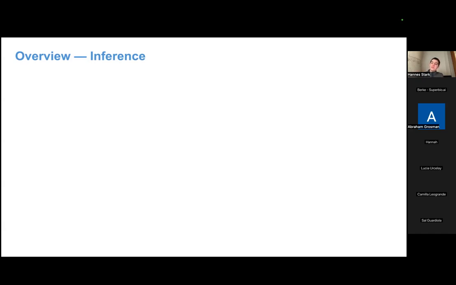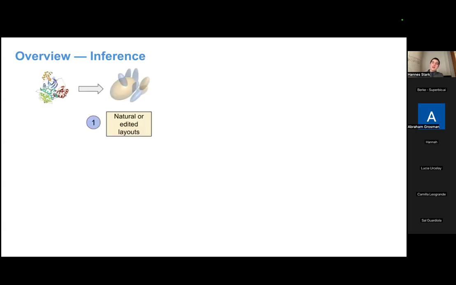But then once we've trained the model like this, let's lay out how the inference actually looks. One thing that we can do at inference time is take an existing protein and extract ellipsoids from it, and then we can edit these ellipsoids to edit our protein.